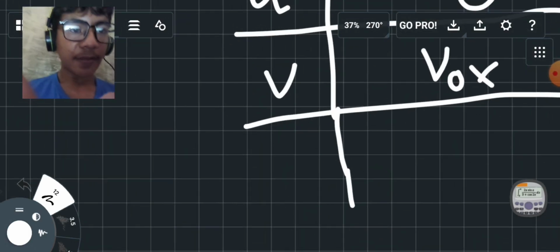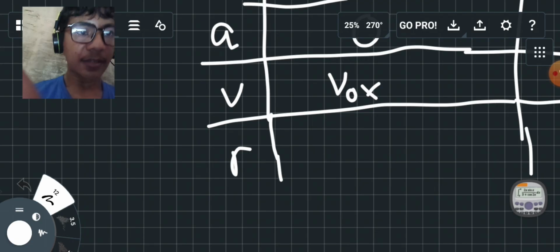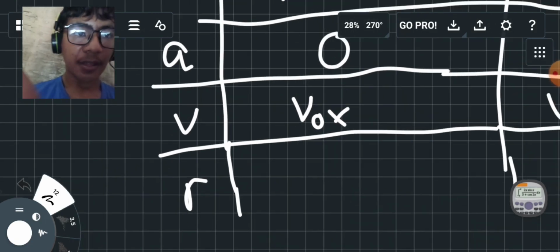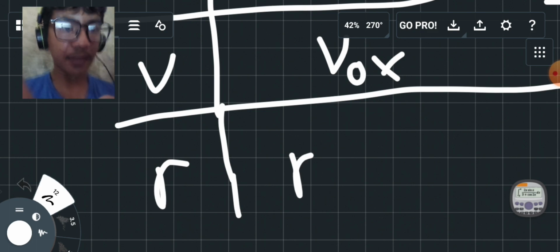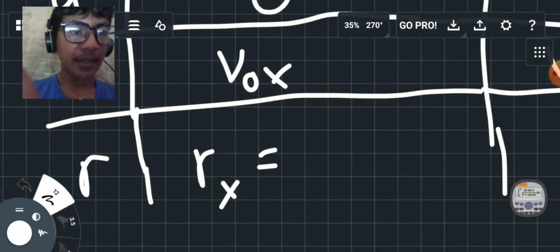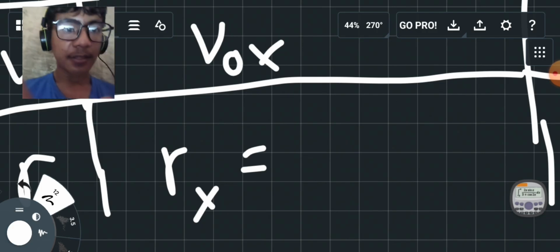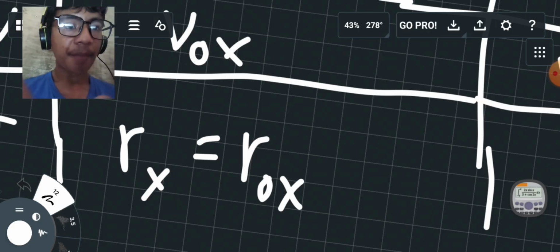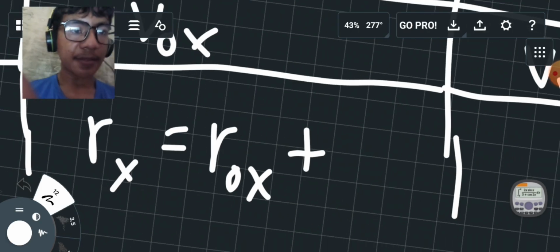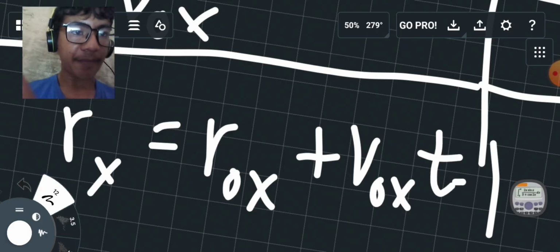And finally, we got the position. The position in x is given by r sub x, the initial x position, plus v naught x times time.